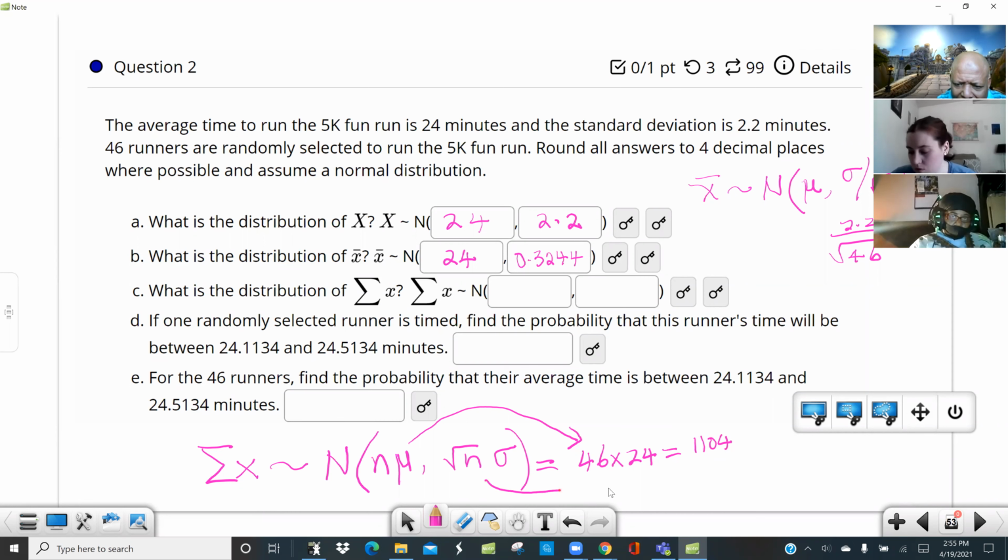And this guy becomes root 46 times 2.2, which is 14.9211.